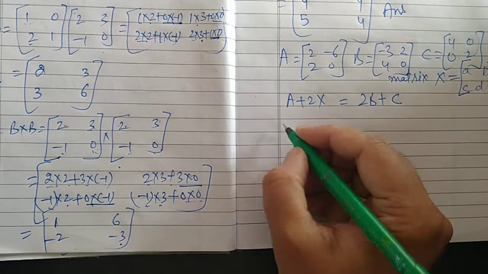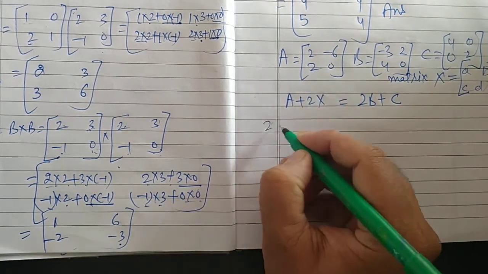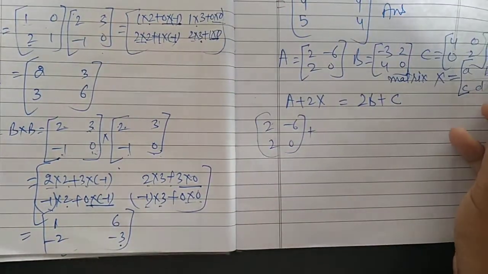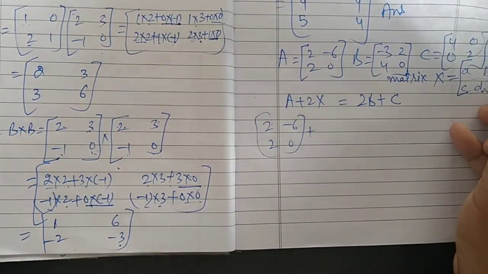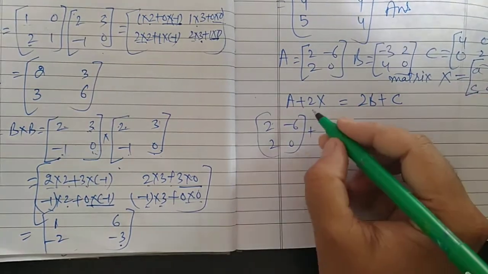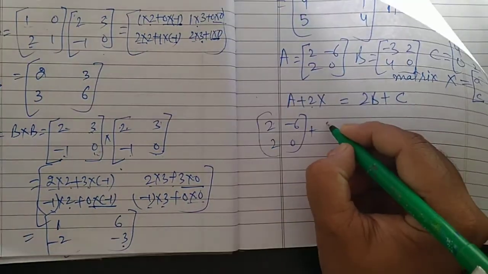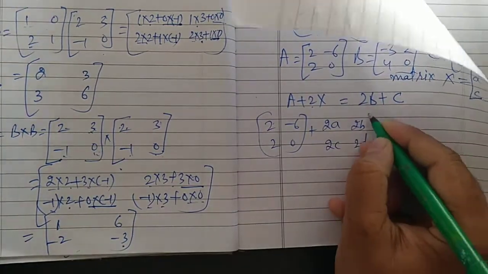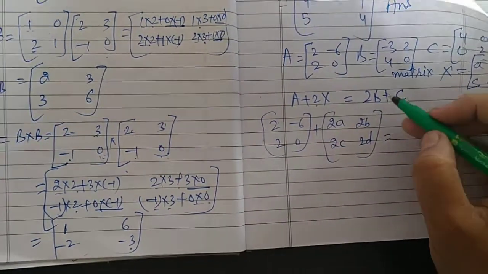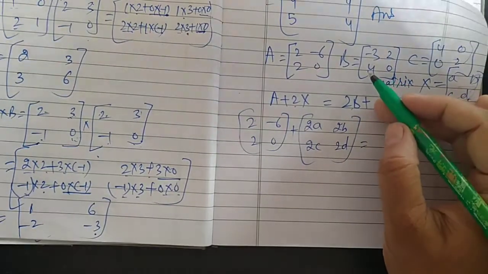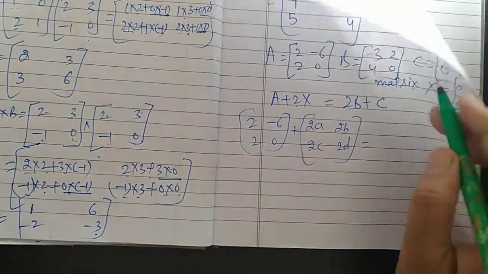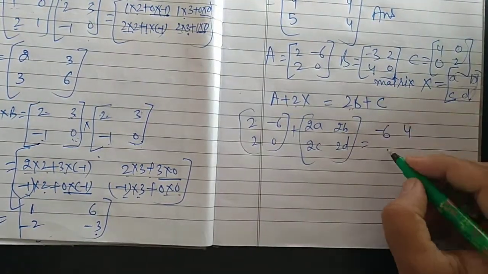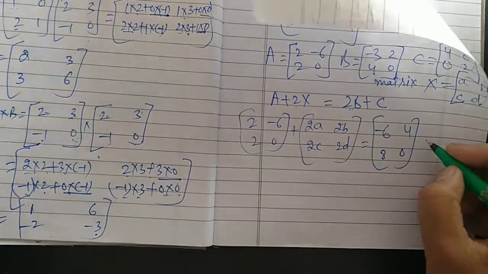Let us do. So here is 2 minus 6 2 0. Then here a b c d is another element matrix. So 2 is there, so we will multiply 2 with each: 2a 2b 2c then 2d is equal to, here 2 is multiplied by B, so we will multiply 2 with all the elements. 3 twos are 6, 4, then 4 twos are 8, here will be 0.